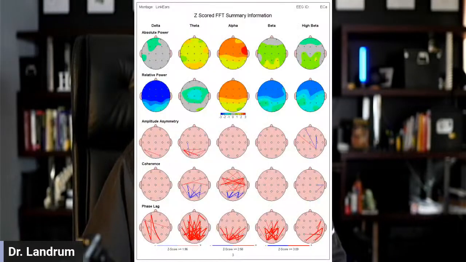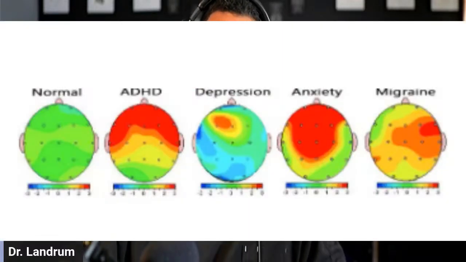We can see not only their different waveforms in different areas like this, but also how well the brain talks to itself, which, as we've started looking at something called neural networks, is hugely important in terms of not only our cognitive function, but potentially our mood. And by understanding that, we can understand different conditions. So we may be able to see, does someone have ADHD? Do they have depression?